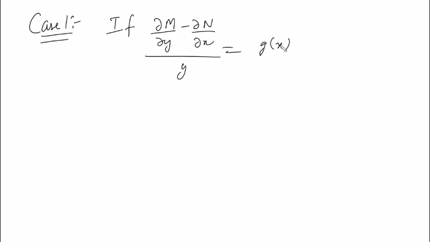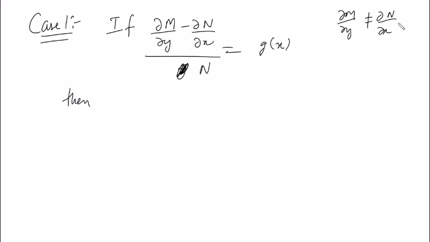So let me complete this one. If (del N by del y minus del N by del x) divided by N is a function of x. Again, I need not write it again: we are doing it for the case when del M by del y is not equal to del N by del x.